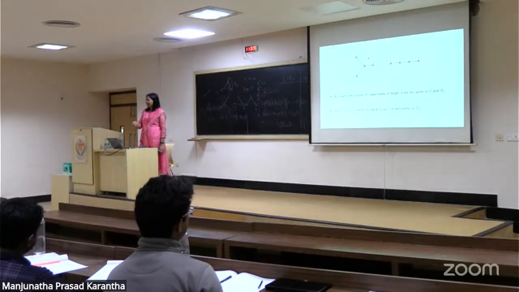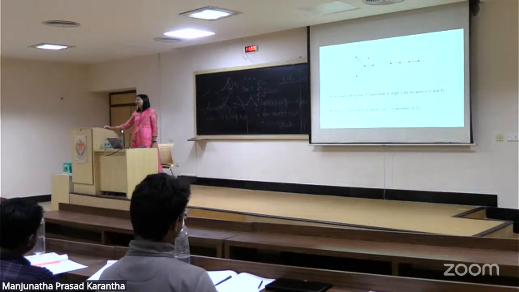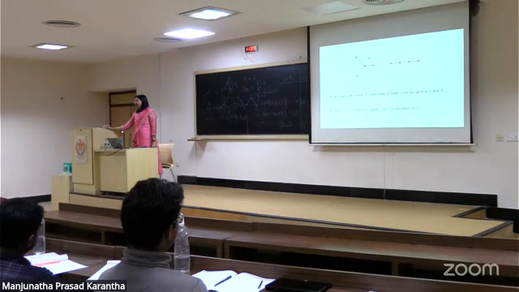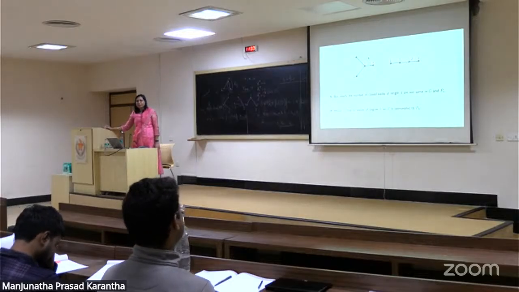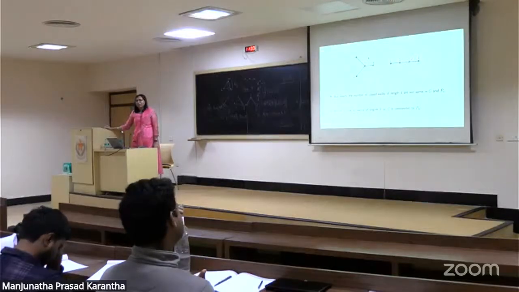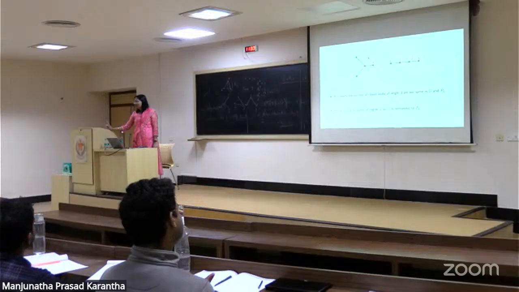So if I count in a star, how many closed walks of length 4 are there from a vertex to itself? I have taken 3 for vertex 1: from 1 I go to 3 and come back, that way 1.